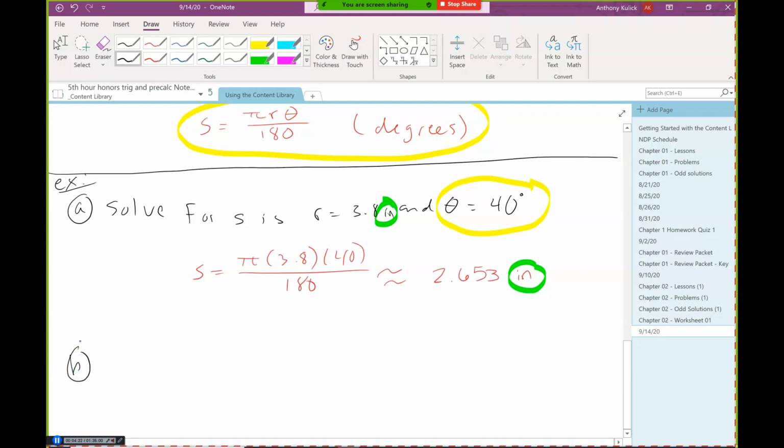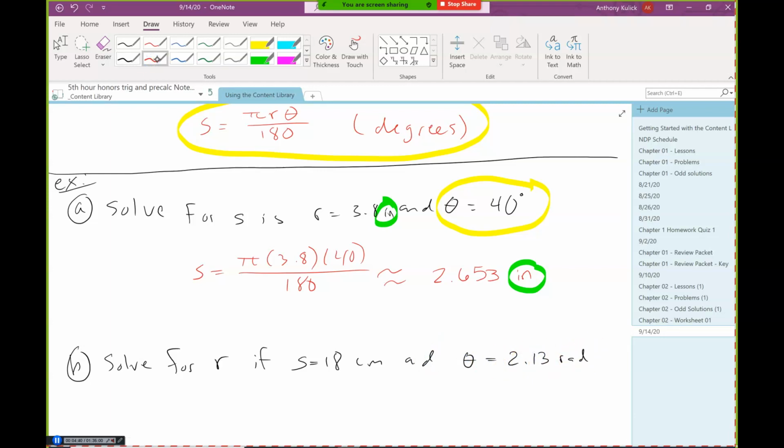What if we ask instead, so here we're asked to solve for r if s is equal to 18 centimeters and theta is equal to 2.13 radians. So which equation would I want to use here?